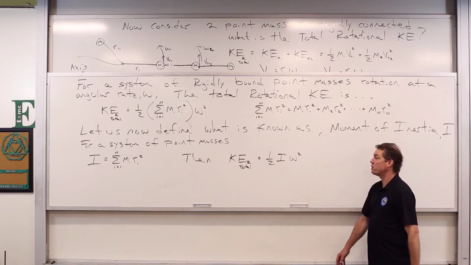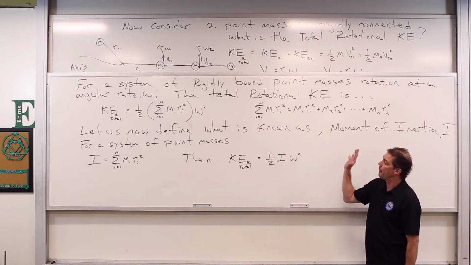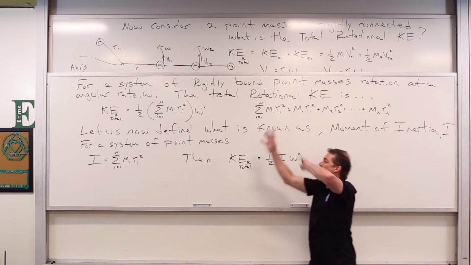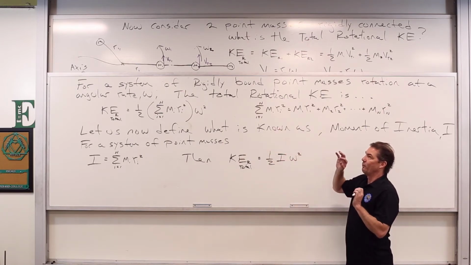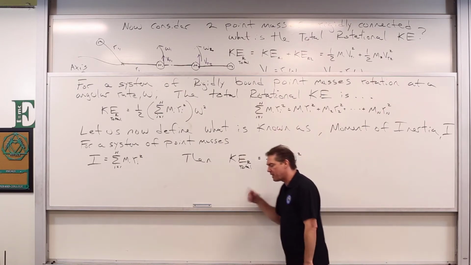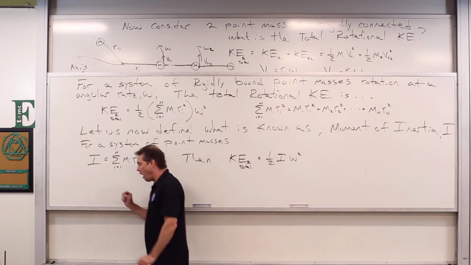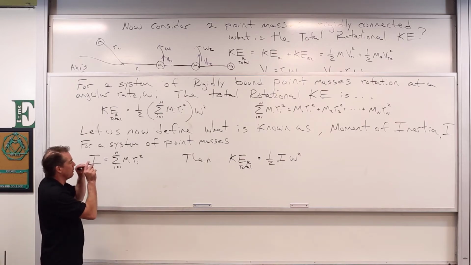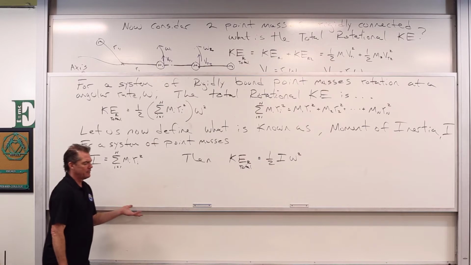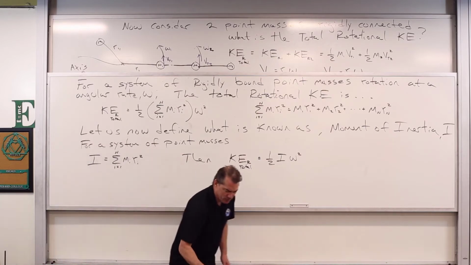But you've got to kind of get used to it and understand it's just really a matter of where are all the mass elements relative to the axis of rotation, and what are their individual masses in terms of their compartmentalization, if you will. So in the end, you think about any mass, right?